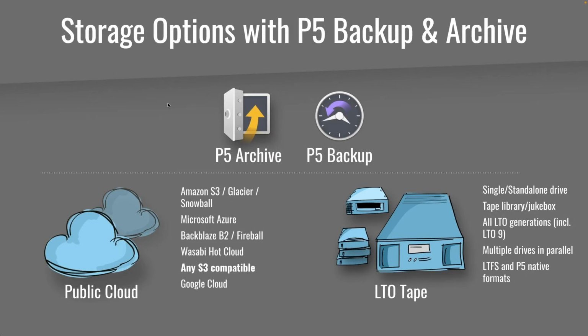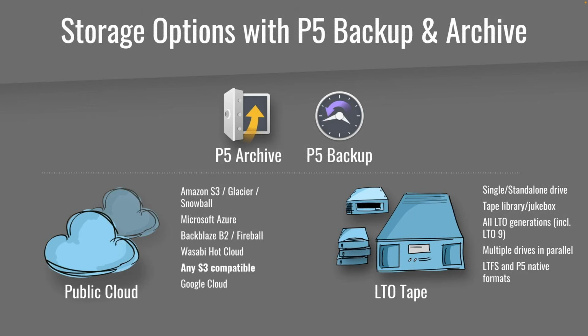So P5 Archive and Backup are both able to write to either public cloud storage, including the MatrixStore S3 compatible, because we support any S3 compatible storage, or we support, fairly uniquely, LTO tape hardware, which remains a really popular format for archive data, because the cartridges store 18 terabytes of the current LTO9 generation per cartridge, and cost around $100.